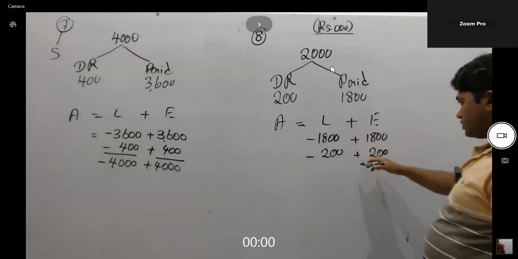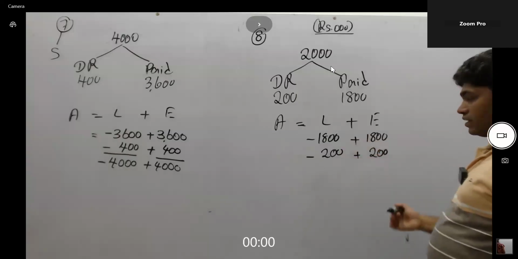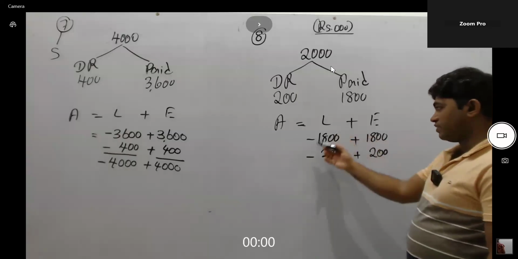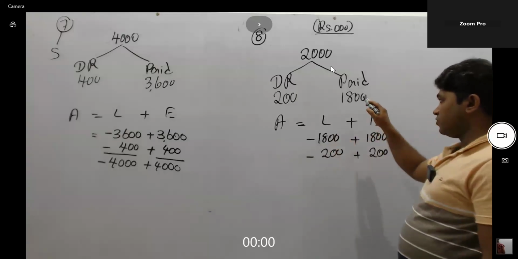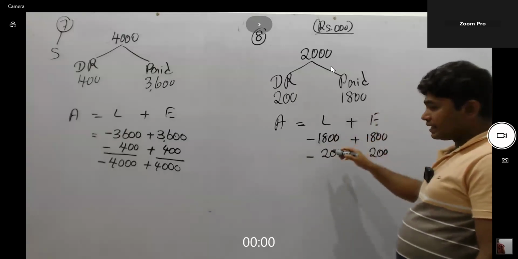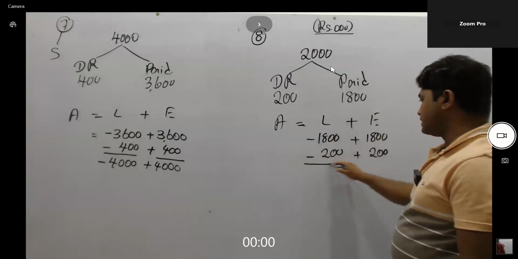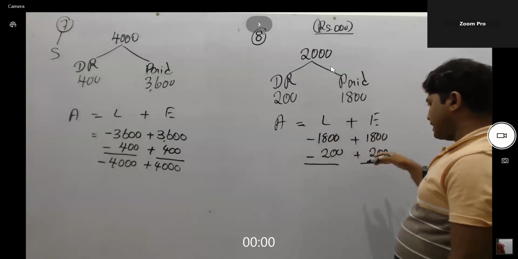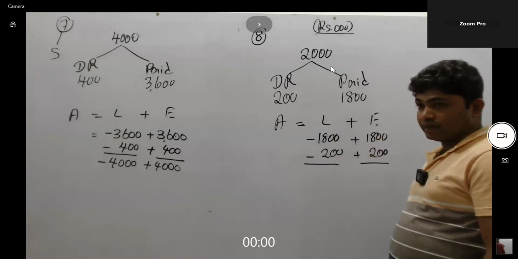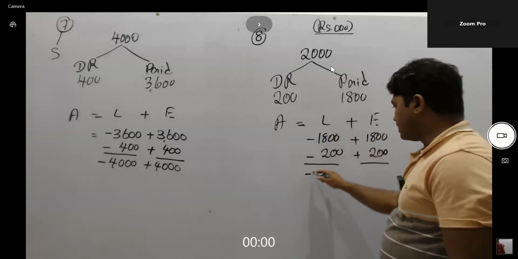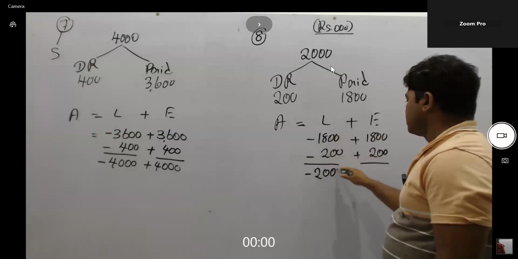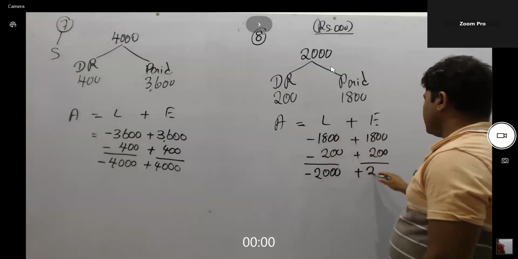Creditors account debit, discount received account credit, double entry. There are two transactions available here. First, paid for creditors by the owner and second, discount received. Therefore liability decreased by 2,000 as well as equity increased by 2,000.